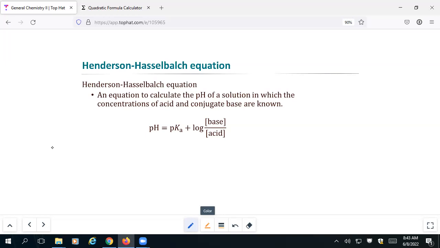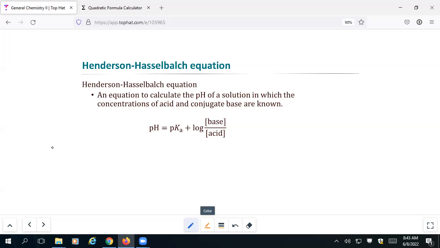And it makes things easier in another sense as well. And I love this application of the Henderson-Hasselbalch equation. Since we are talking about the same solution in this case, we don't even need molarities.